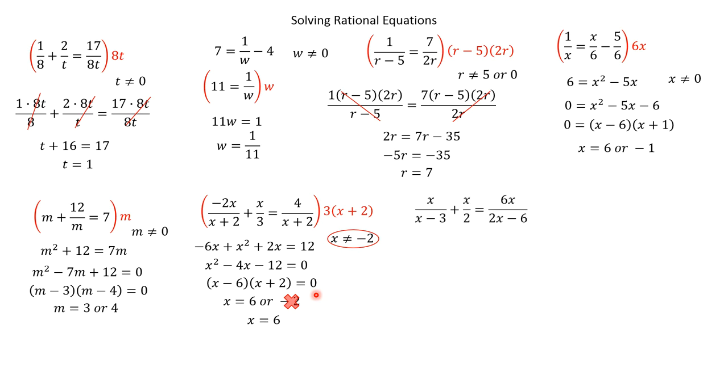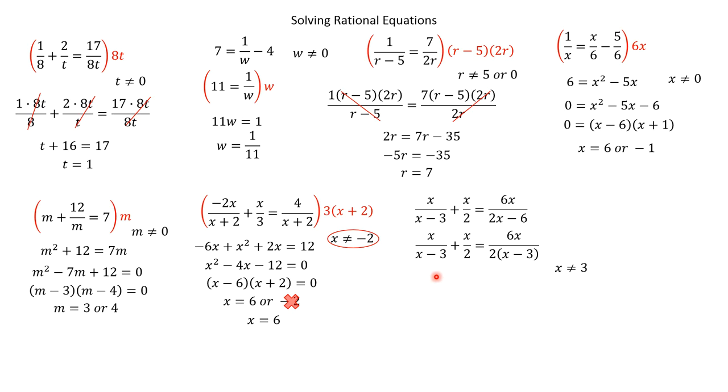Let's take a look at another one. Here we have in our denominator x minus 3 and 2 and 2x minus 6. Well, 2x minus 6 can factor, so let's do that first. We can pull a 2 out of both of them to get 2 times x minus 3. Now, what can't x equal? Well, x can't equal 3.